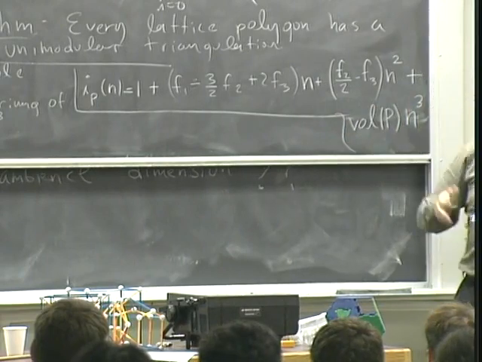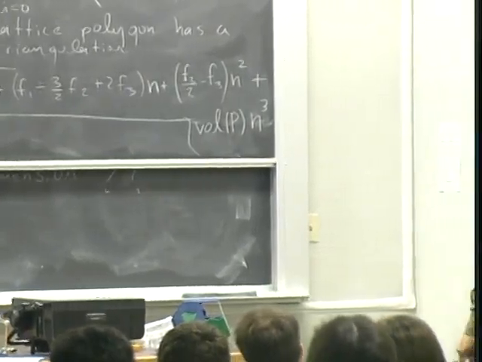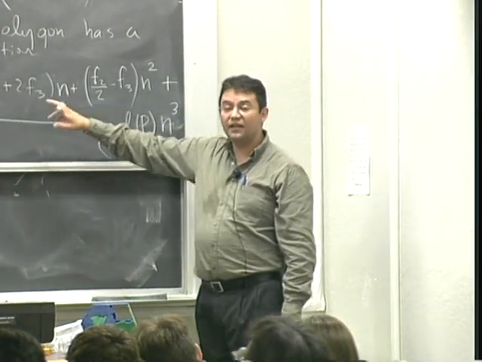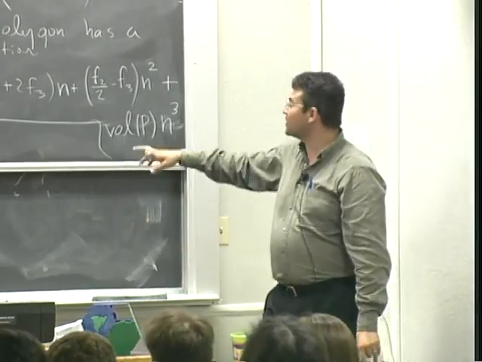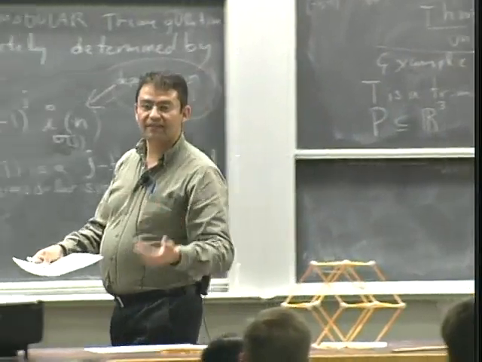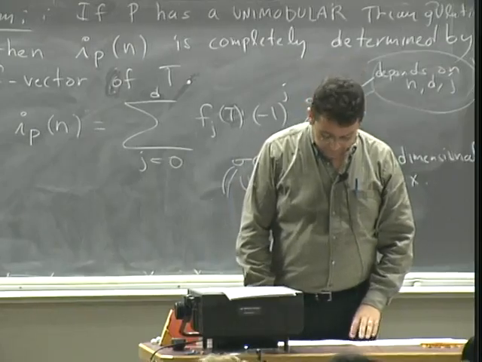You see? So if you know the triangulation, you can play the game. If your business is to try to understand the coefficients of the Ehrhart polynomial, you may want to look at these things because they do look related to the face lattices, the F vectors of triangulations, a lot.